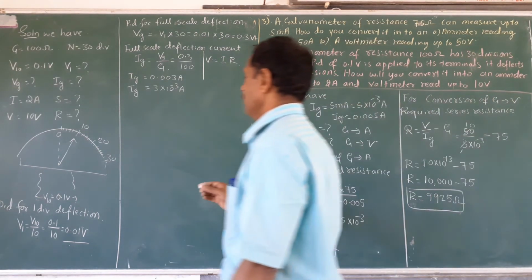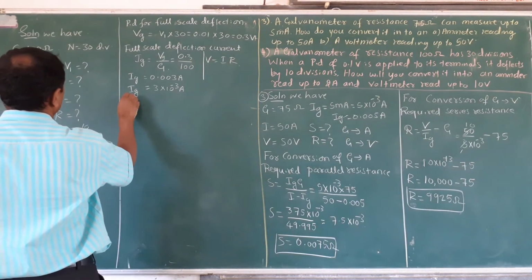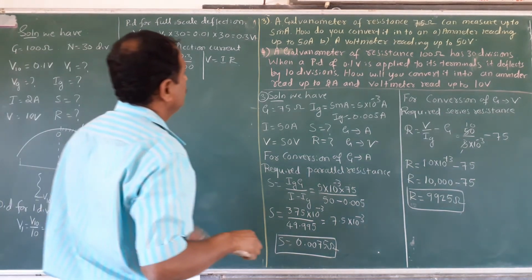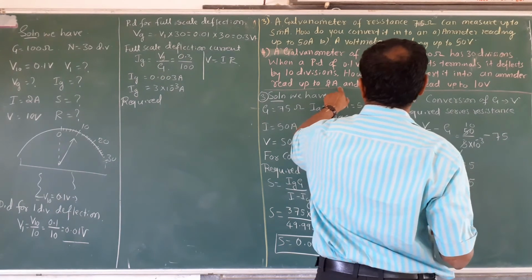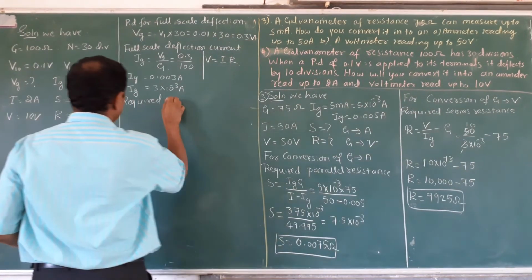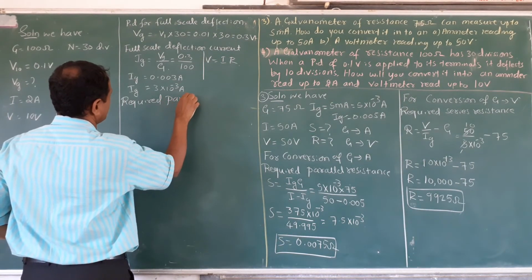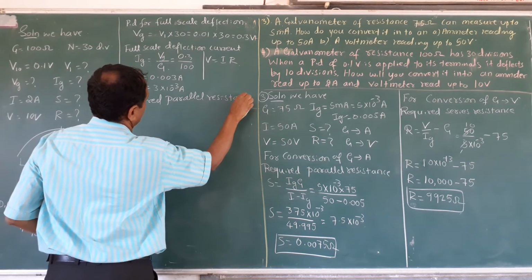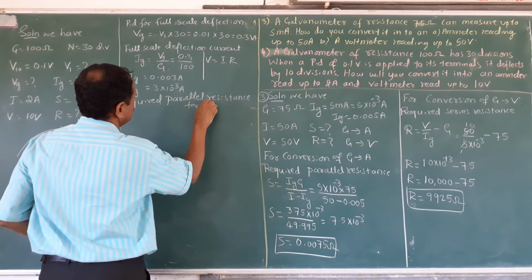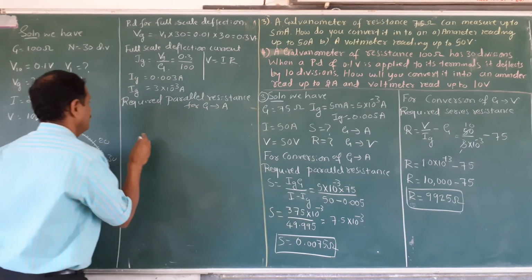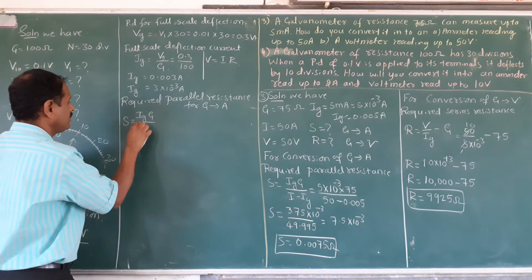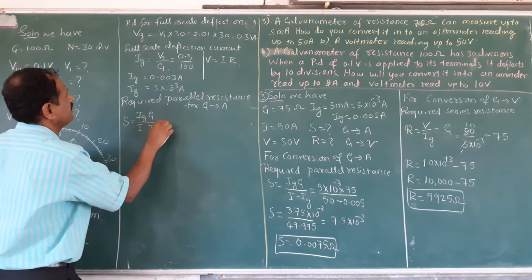Now what is required? First you have to take the ammeter. Required parallel resistance for galvanometer to ammeter: S is equal to IZ upon I minus IZ.